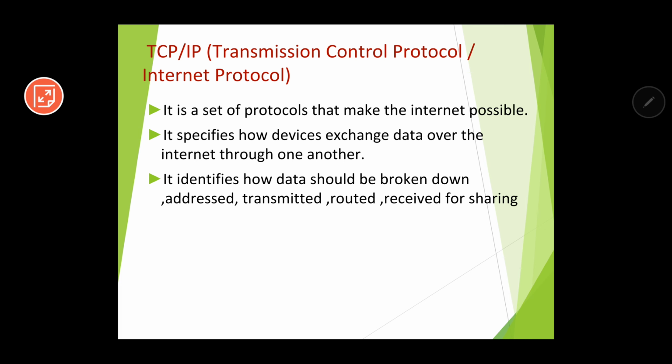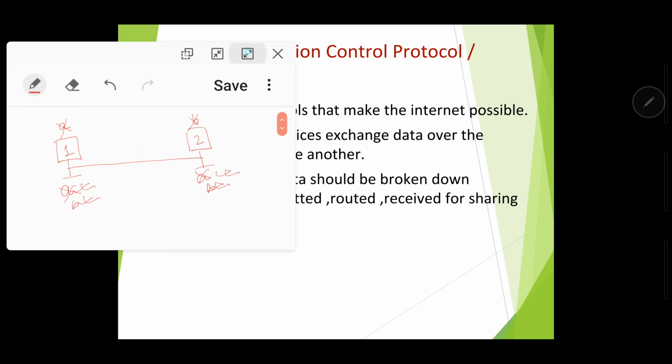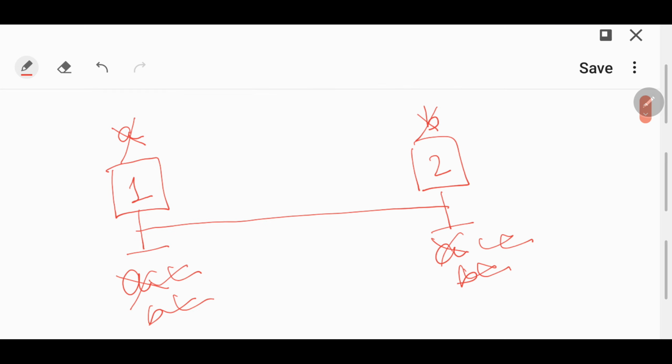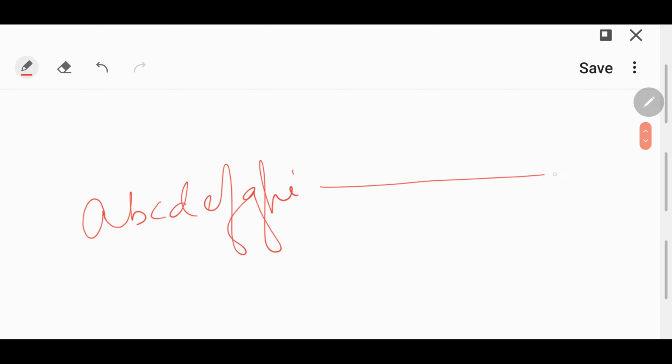All of you know that suppose I have some data, let's say I need to send A, B, C, D, E, F, G, H, I through a network. Now this entire data will not go together, it will be broken down into certain fragments.